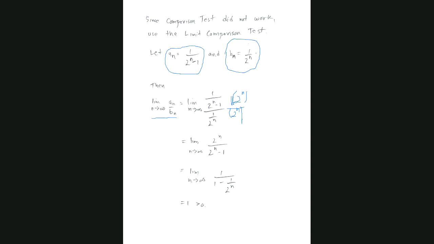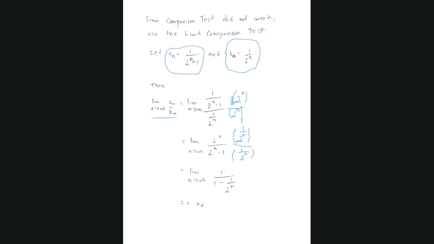Then I'm going to multiply top and bottom by 1 over 2 to the nth power, so I can rewrite my limit so that it's more conclusive what the limit equals: the limit as n goes to infinity of 1 over 1 minus 1 over 2 to the nth power.